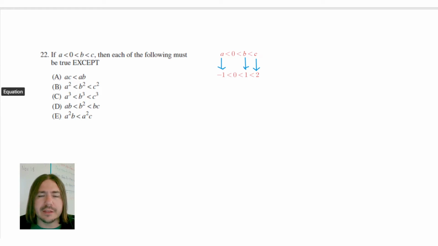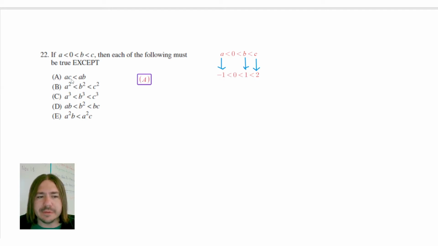But again, it's possible we get none of these that are actually false, in which case we would have to try again. The way it's set up, we wouldn't get two that are false. It's either they're all going to be true or one of them is going to be false. So let's go through each of these answer choices and plug in the values we've selected and see which one is going to be correct.